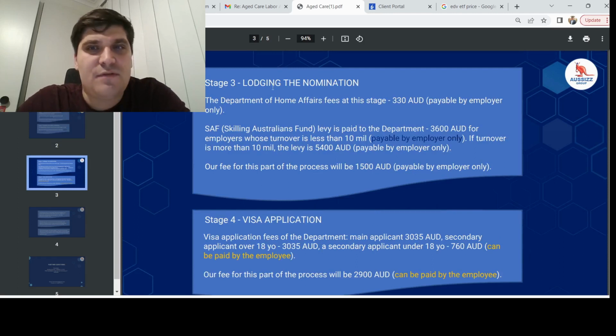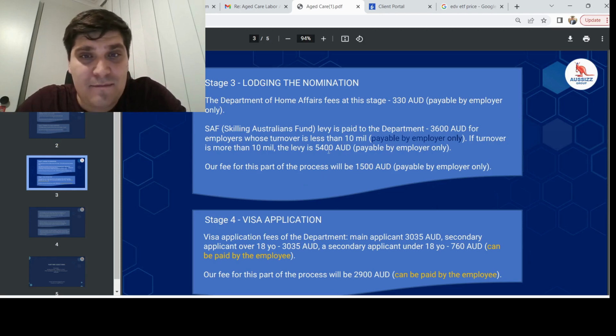Then at stage three, we lodge the nomination. The Department of Home Affairs fee at this stage is $330, and the SAF levy, the Skilling Australians Fund levy, that is payable to the Department of Home Affairs by the employer only, again the applicant cannot pay for that, is for a 3-year 482 visa, 3,600 Australian dollars if your turnover is under 10 million, or if it's over 10 million, then it is 5,400 Australian dollars payable by the employer for a period of 3 years.